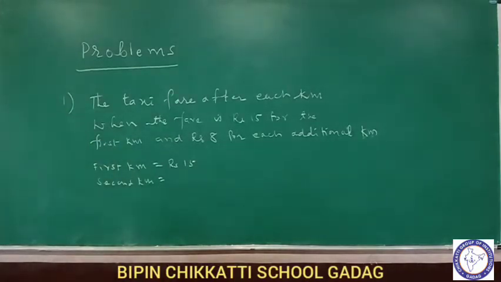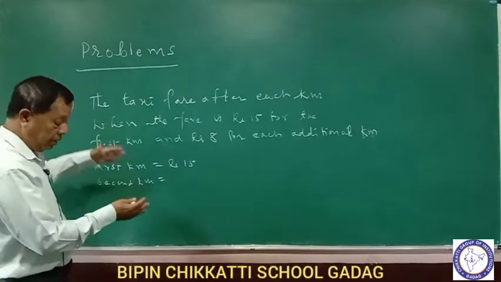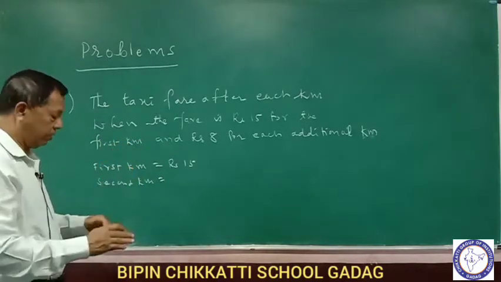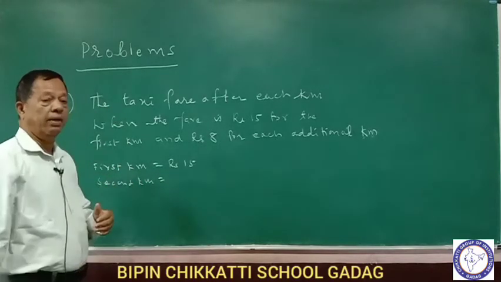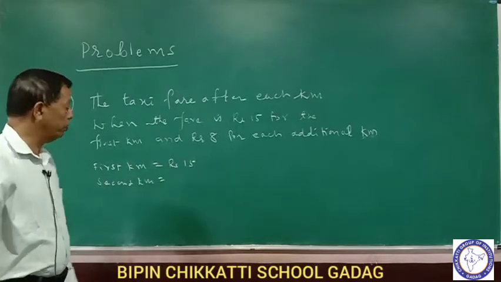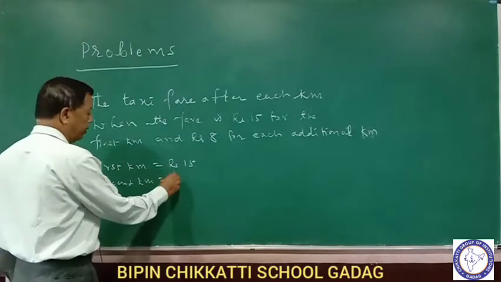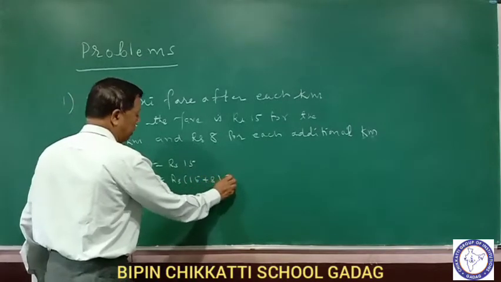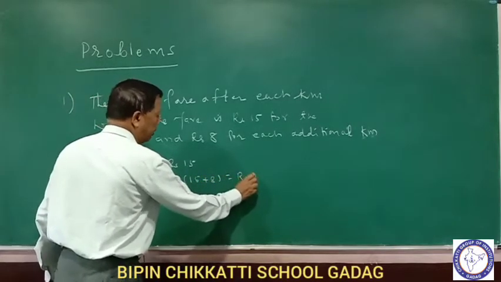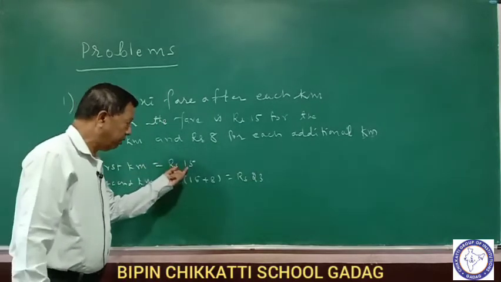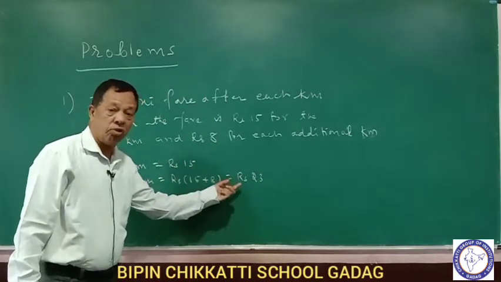So here the first kilometer, always 15 is fixed. Next, successively per kilometer 8 rupees is changing. So the second kilometer is Rs 15 plus 8, that is nothing but Rs 23. I hope the first kilometer is 15, the second kilometer is 23.